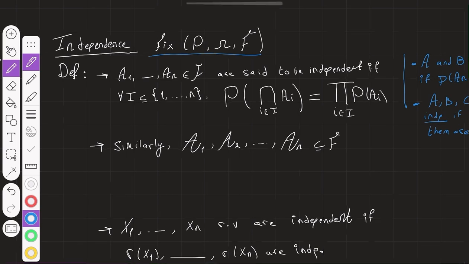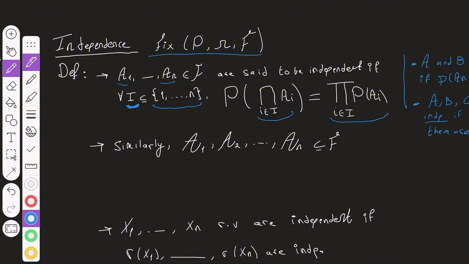We say A1 through AN, these sets in the sigma algebra, are independent if for any subcollection of these, if we consider any subset of the set of indices and look at the probability of the intersection, then we must get that this is the same as the product of the probabilities.